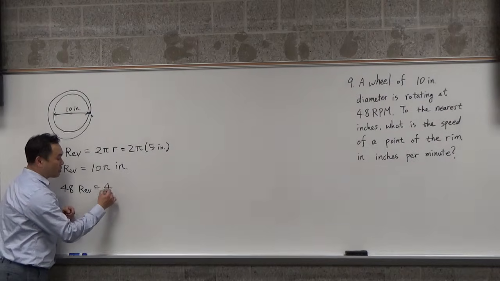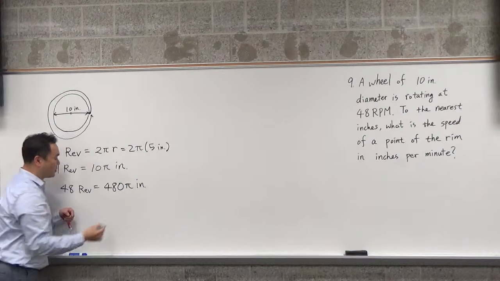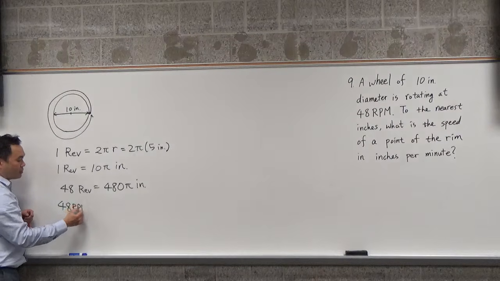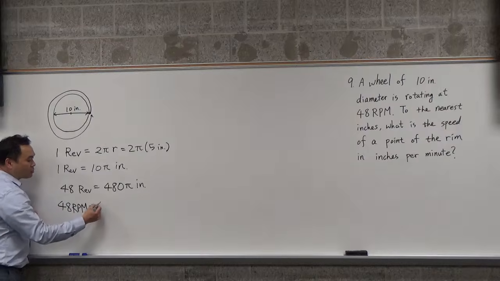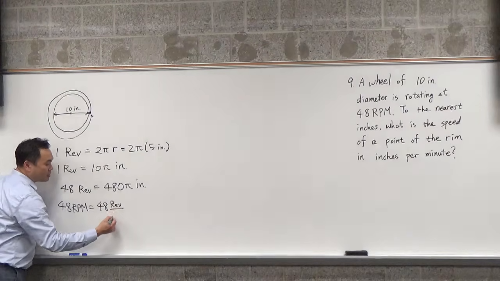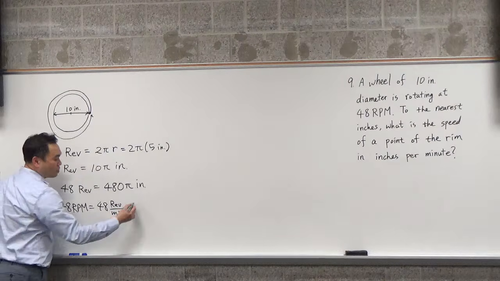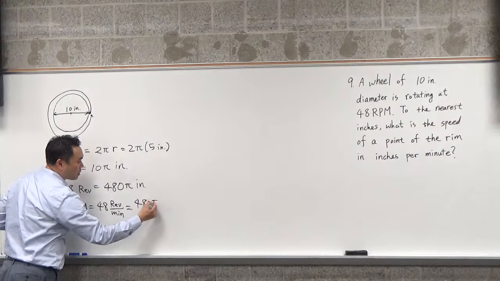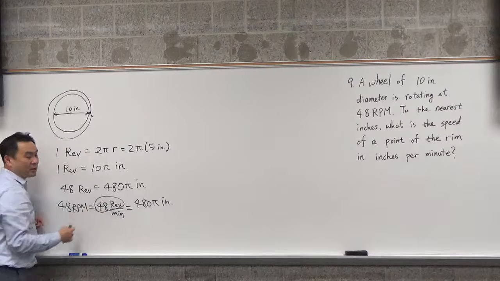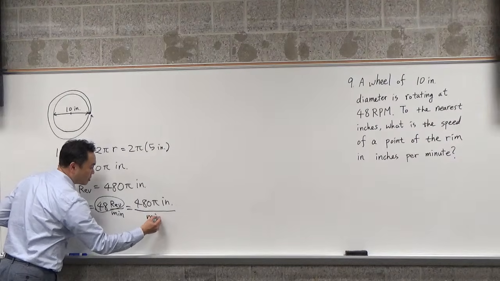So you multiply 48 both sides to get 480 pi inches, which means 48 RPM, 48 revolutions per minute, is going to correspond to 480 pi inches, because 48 revolutions is the same as 480 pi inches, and then you have minutes.